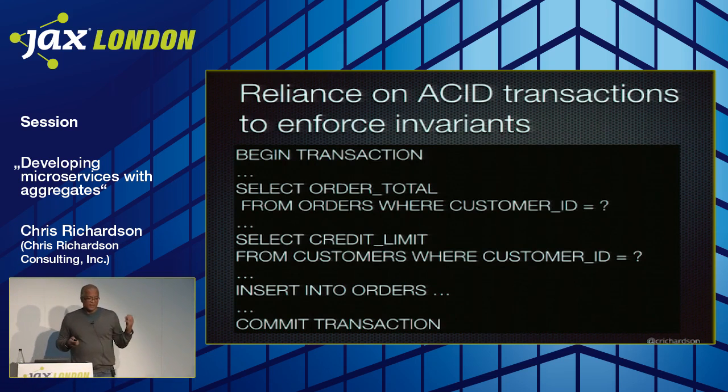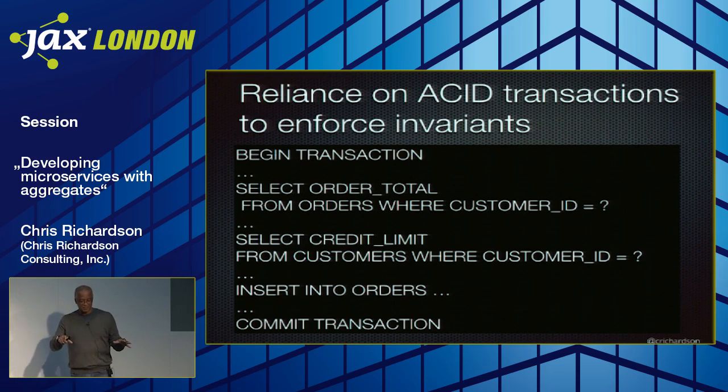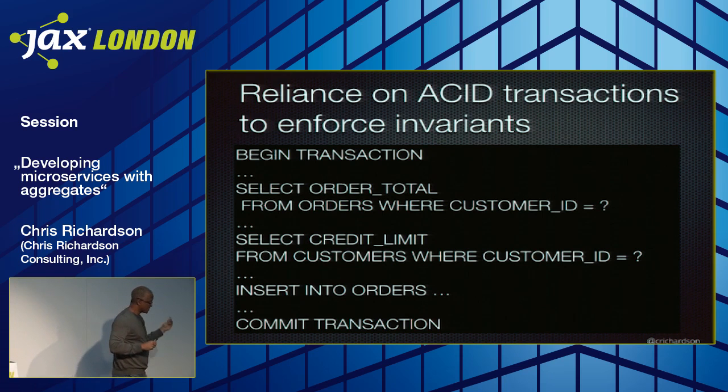Not only that, how we enforce invariants through the use of ACID transactions is also at odds with the microservice model. If you recall, each service has its own database. That's absolutely essential to ensure loose coupling. But then look at regular business logic and how that interacts with the database. Let's imagine that in order to place an order, you have to verify that the order will not exceed the customer's credit limit.